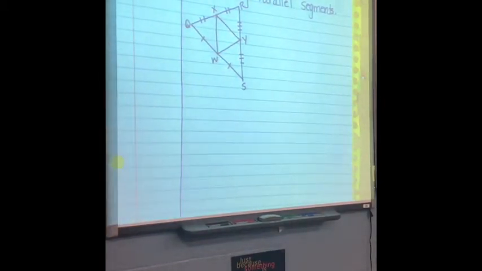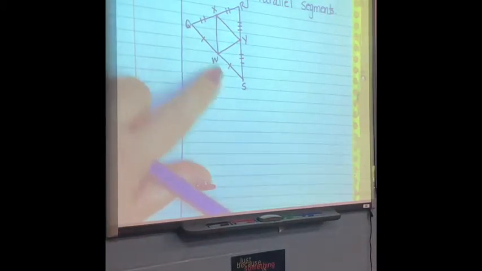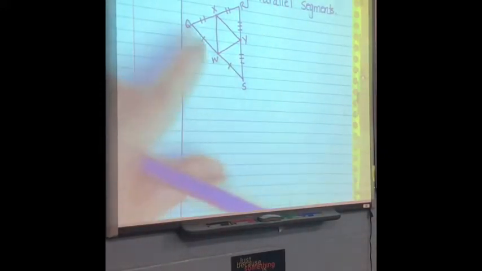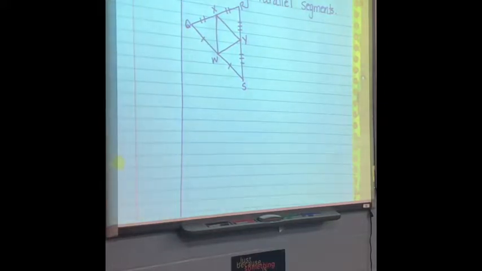I have triangle RQS with midsegments WX, XY, and WY. And I know that because of the way the congruent statements are done. W is the midpoint of QS, Y is the midpoint of RS, and X is the midpoint of QR. Yes? So can you tell me a set of parallel lines? What would be one set of parallel lines?